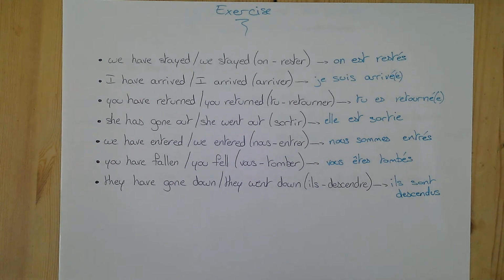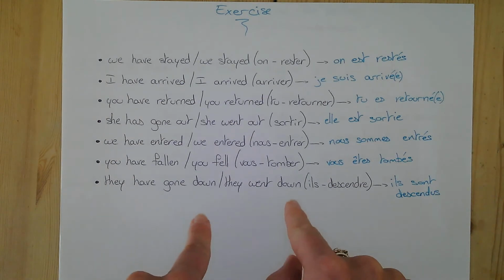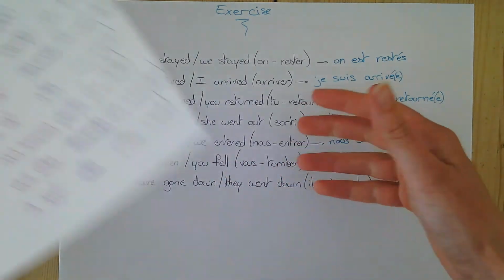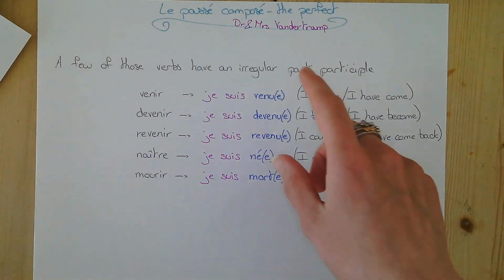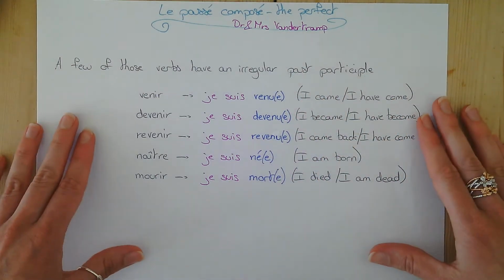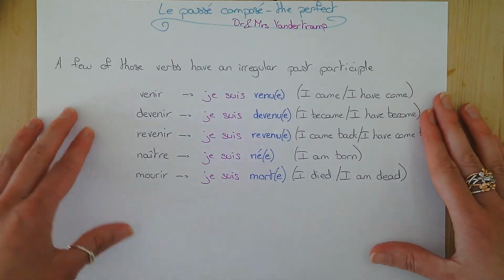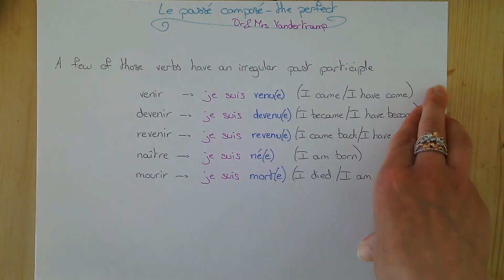Now, you might think, okay, cool, I've got it sorted, I know my perfect tense. Sorry guys, there's a few irregulars, even in that category of irregulars. Now, very quickly, because I have only 3 minutes, the only irregularity, it's only if you're confident with the Vandertramps, otherwise skip that.